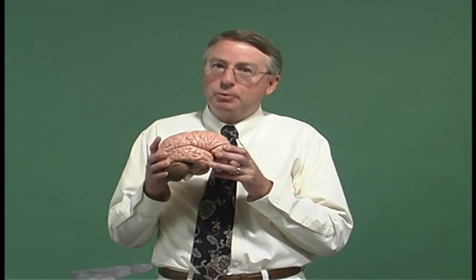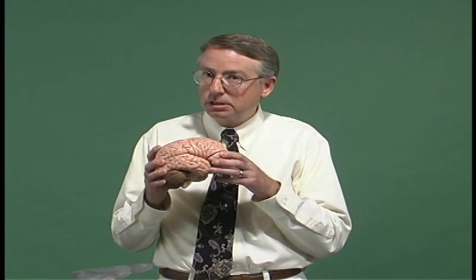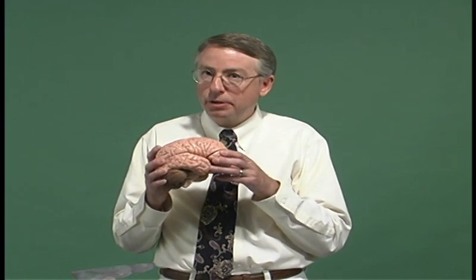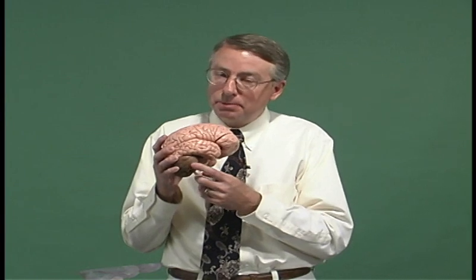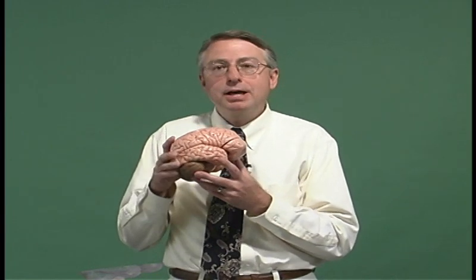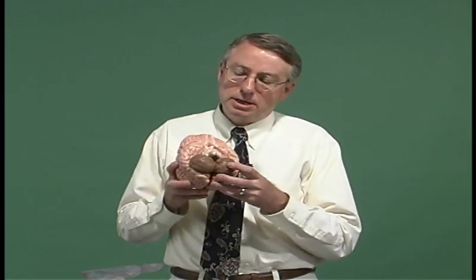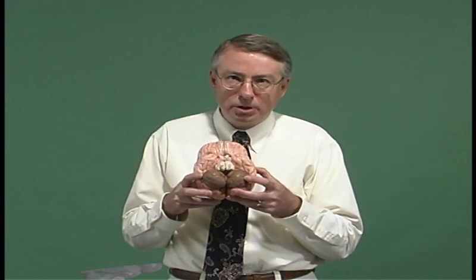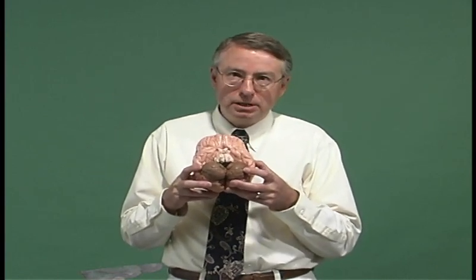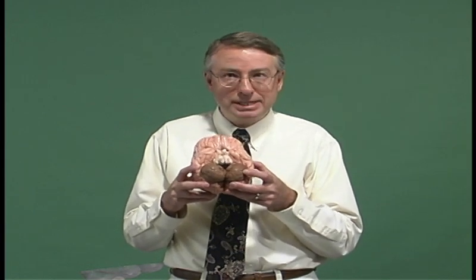The principal area of the brain that is examined with the coordination part of the neurological examination is that of the cerebellum. The cerebellum is incredibly important for motor learning and for the timing of motor activity.